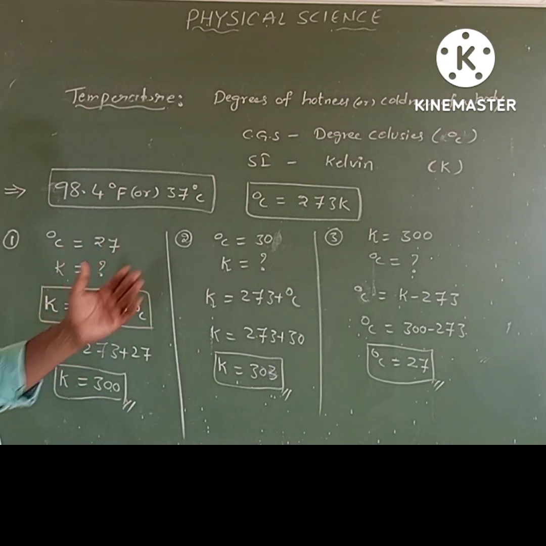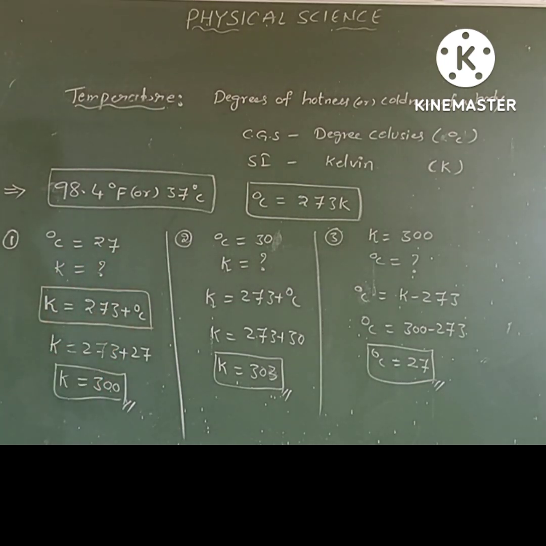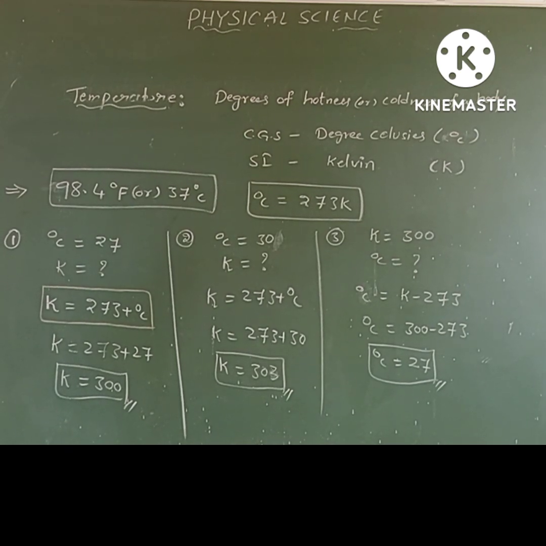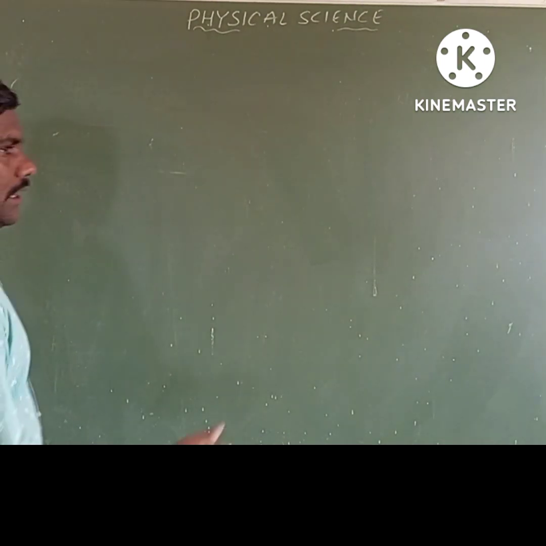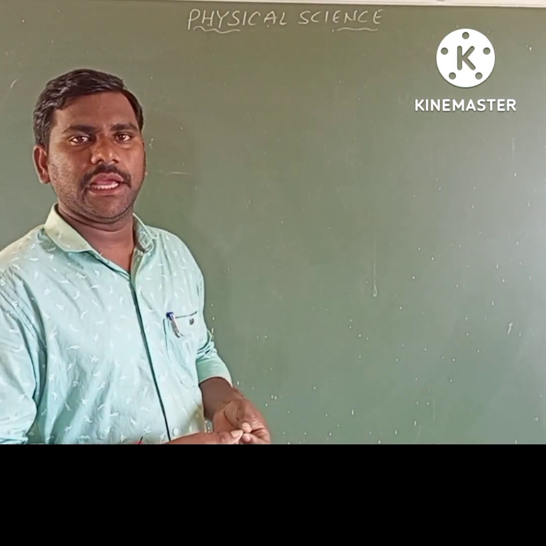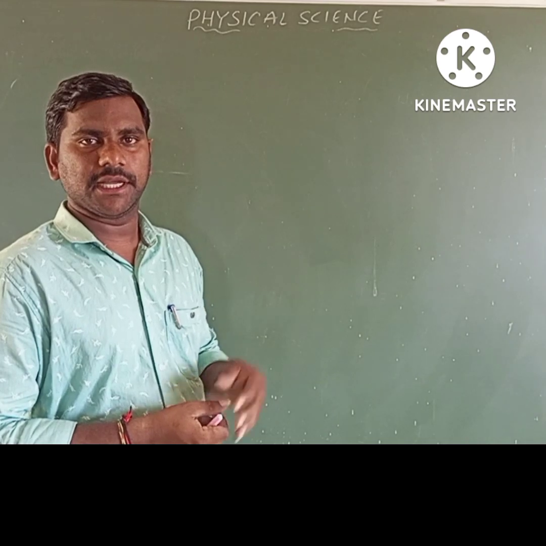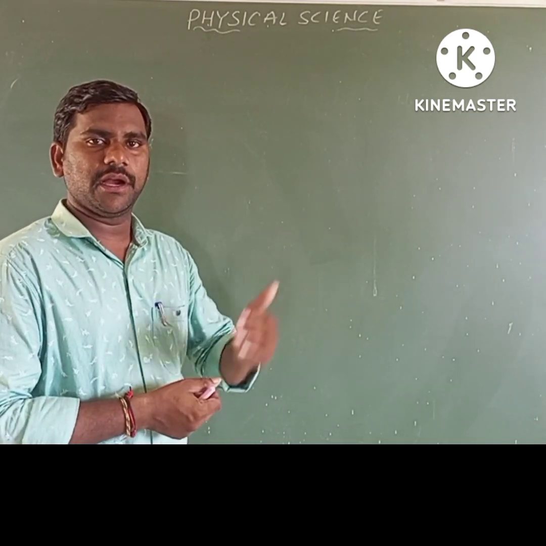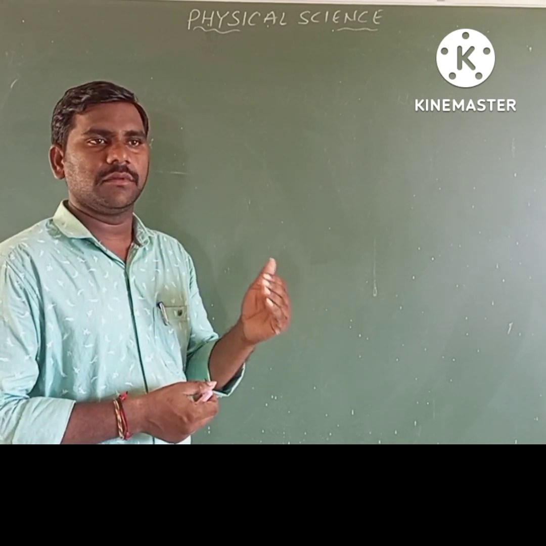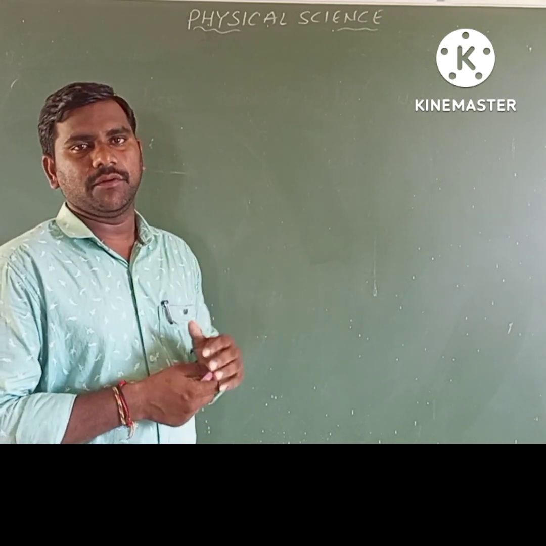So we have another formula. Let's see, take a screenshot. Okay, here next we can observe the different scales of temperature: degree Celsius, Kelvin, and Fahrenheit. What is the lower fixed point, upper fixed point, and how it is divided into equal parts.